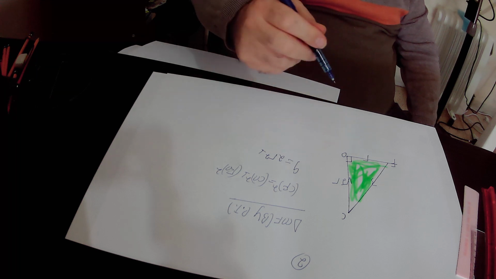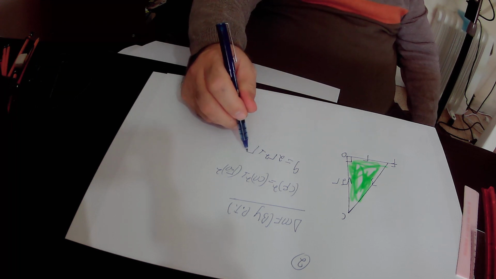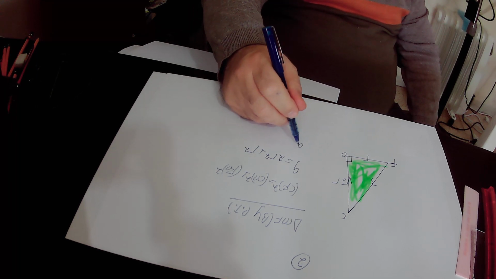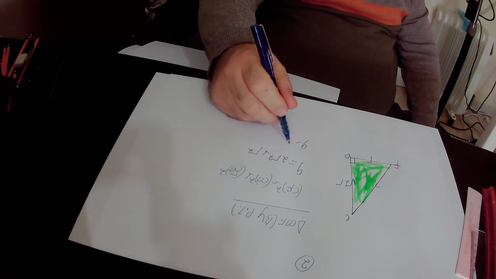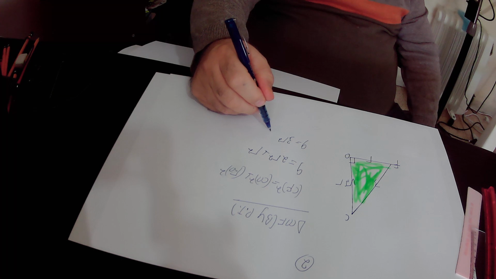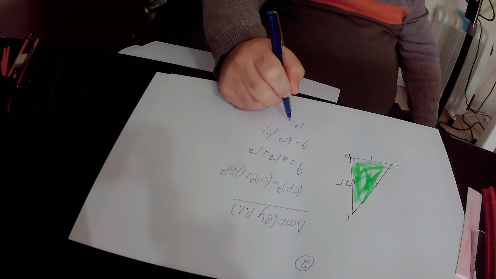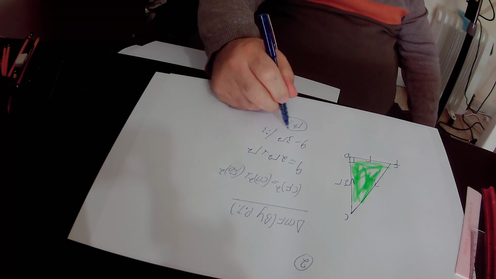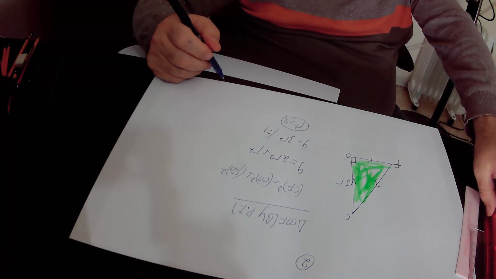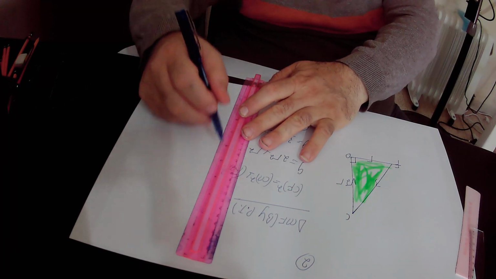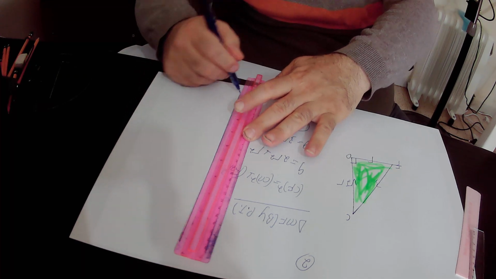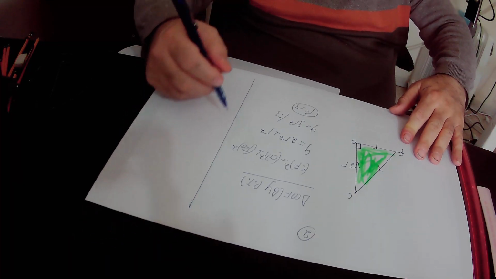FO equals r, so FO squared equals r squared. So 9 equals 2r squared plus r squared, that is 3r squared. We divide this equation by 3 and get r squared equals 9 over 3, that is 3.